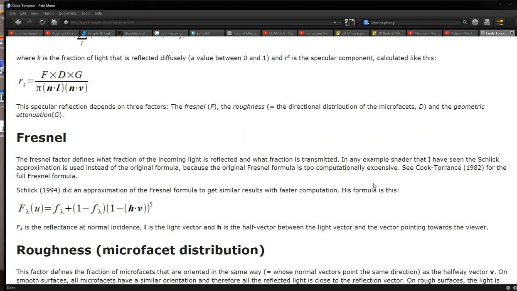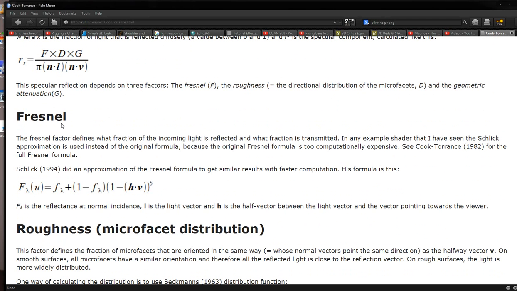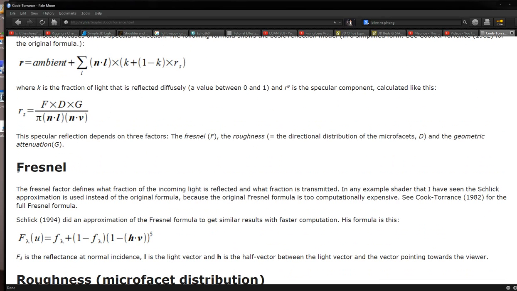So let's explain what F, D, and G are. F is the big Fresnel effect. I'm going to get into this a little bit later, but you can think about it as a function or formula that basically tells you how much light is going to be refracted or reflected by an object.